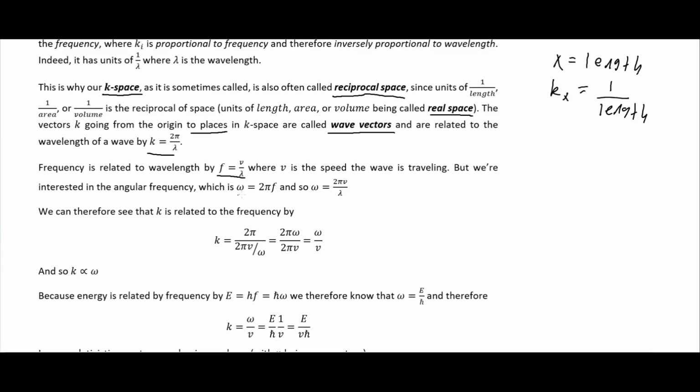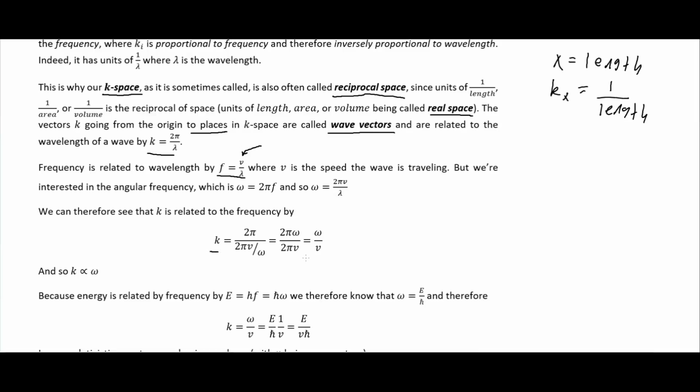And so we're using angular frequency here, where the frequency is v, the velocity of something, divided by the wavelength, the lambda. Then we just multiply that by 2 pi to get the angular frequency. Therefore, k is related to frequency this way.